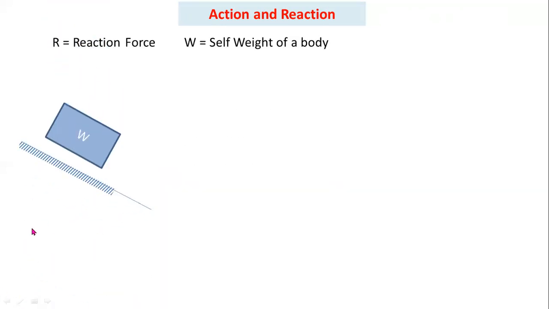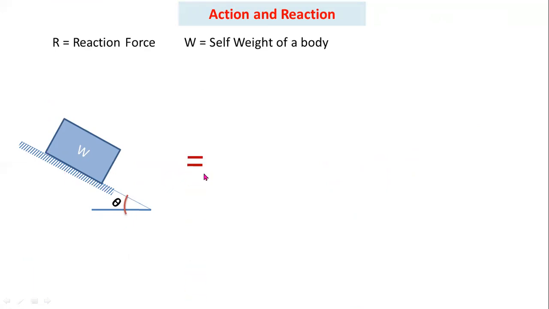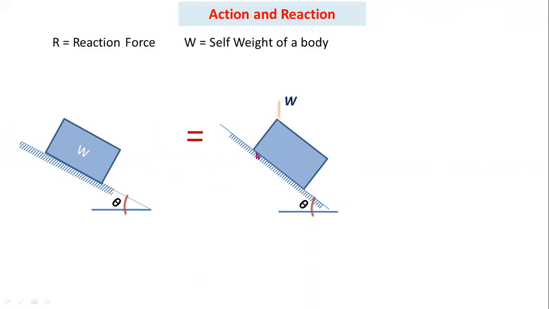In the third case, if you are considering an inclined plane, this inclined plane makes an angle theta with respect to horizontal. Then how to convert this diagram into a free body diagram? In this case also, first of all, you have to consider the inclined plane as this. Self-weight always acts vertically downwards.